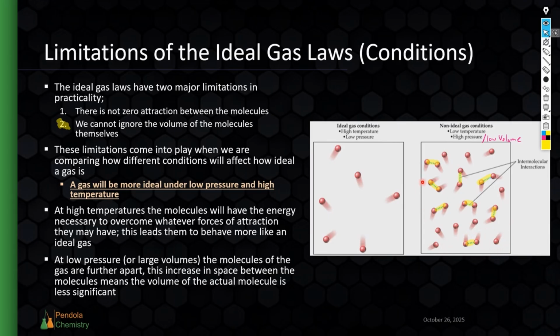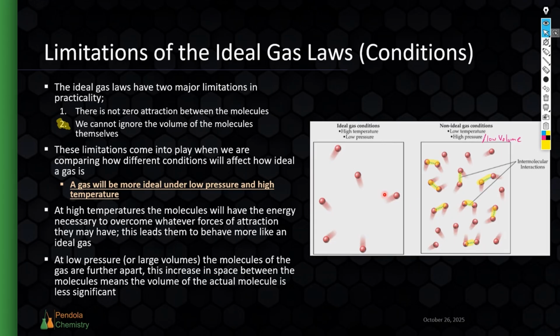And less empty space between the molecules means that the molecules' own volume is more significant. So that brings up the second limitation of the ideal gas law. With more significant volume of the molecules, the molecules become more real or less ideal.